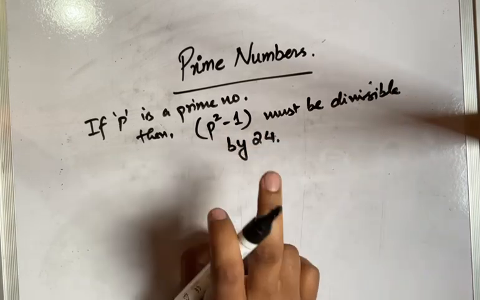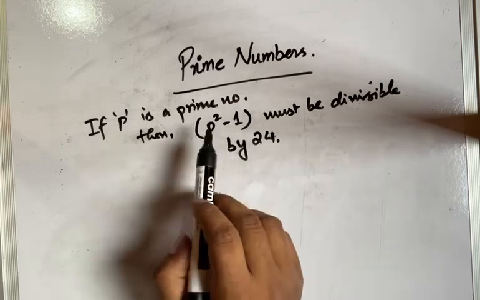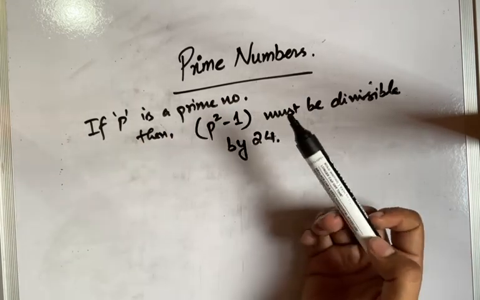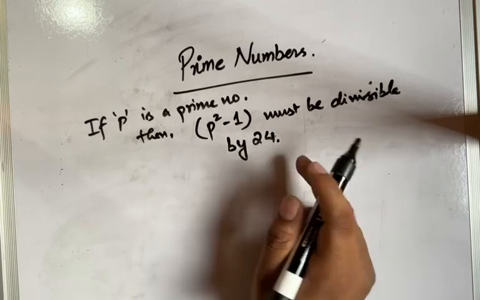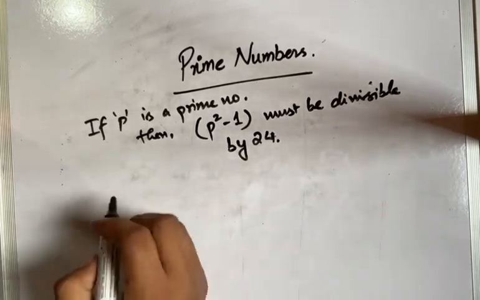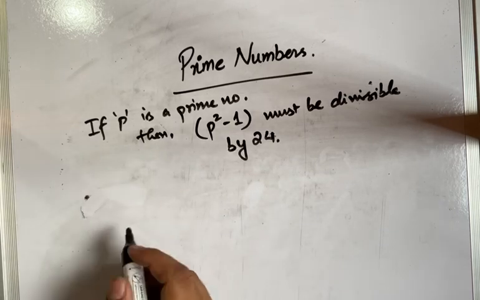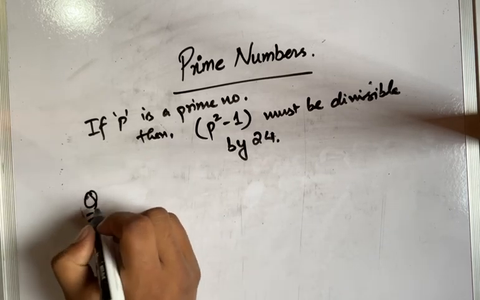And this fact is very useful in questions. I'm telling you, if P is any prime number, then p square minus 1 is basically divisible by 24.